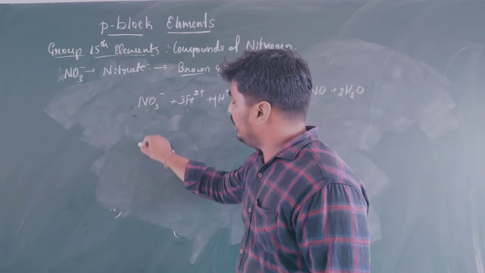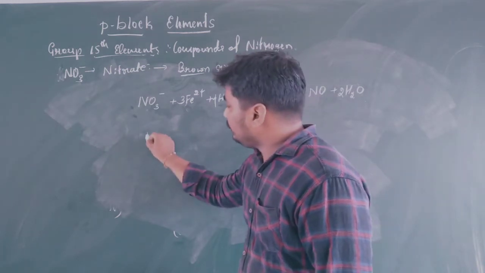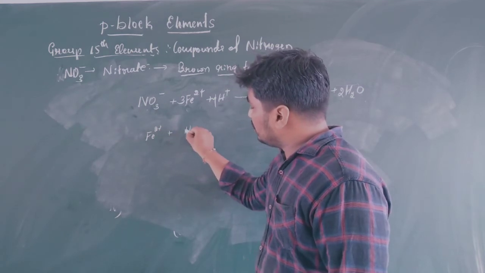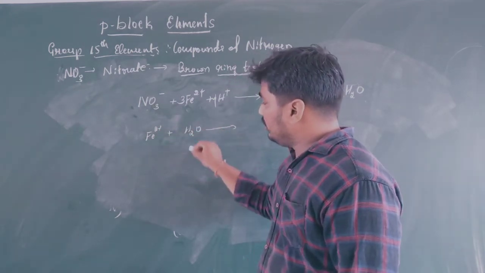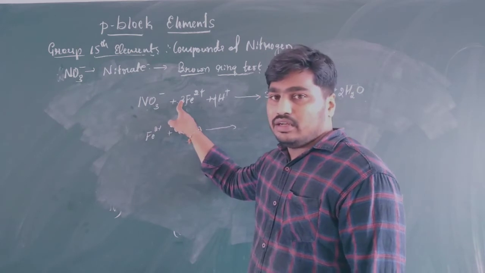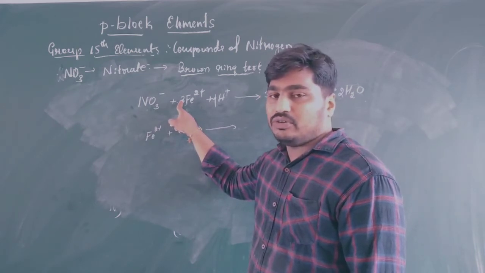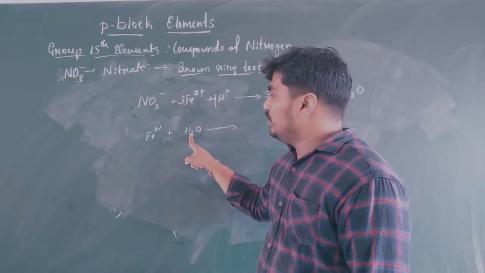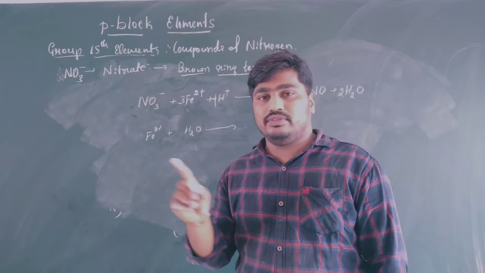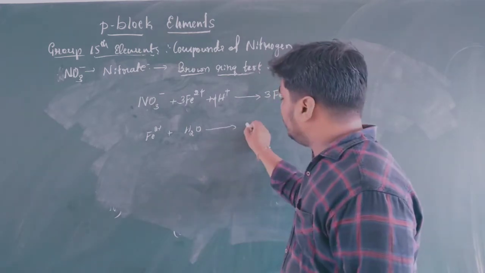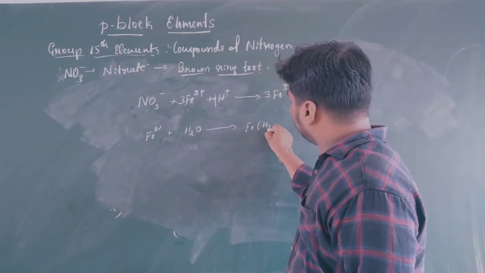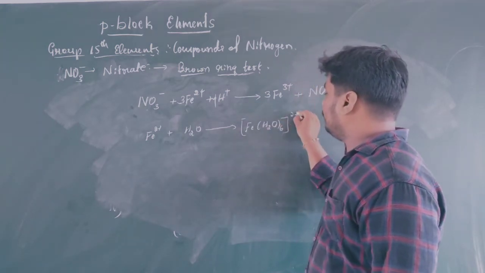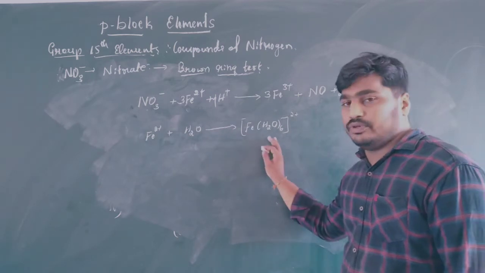The one is Fe, what we consider in the reaction, plus water, freshly prepared ferrous sulfate. How to prepare the ferrous sulfate? Solid ferrous sulfate is dissolved in water. During that, there is a possibility of formation of one complex, that is Fe(H2O)6. Okay, one complex is produced.